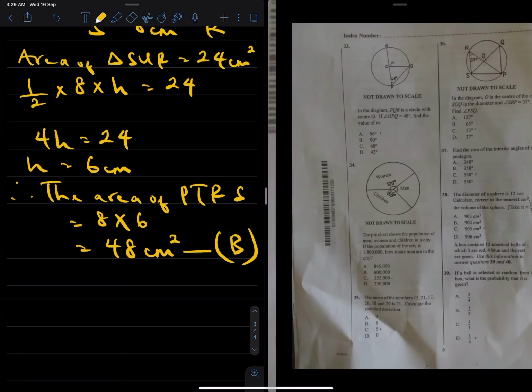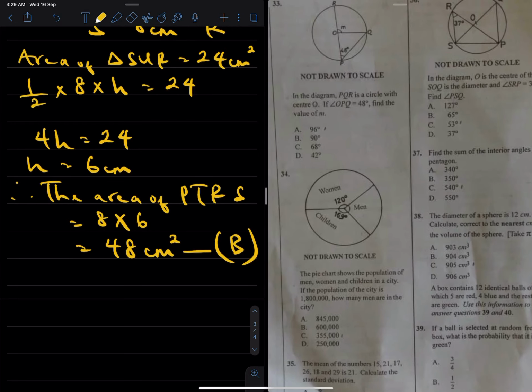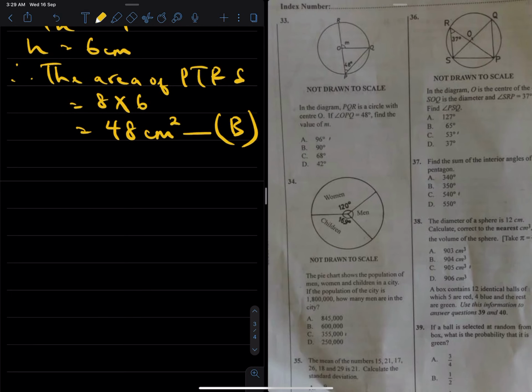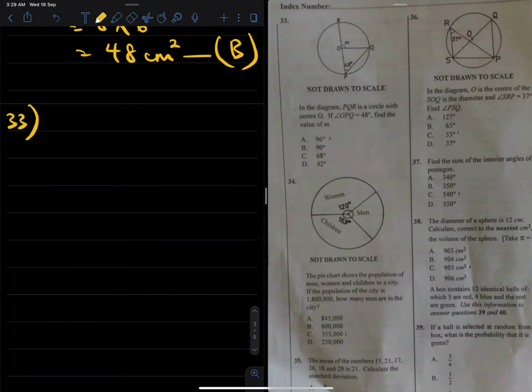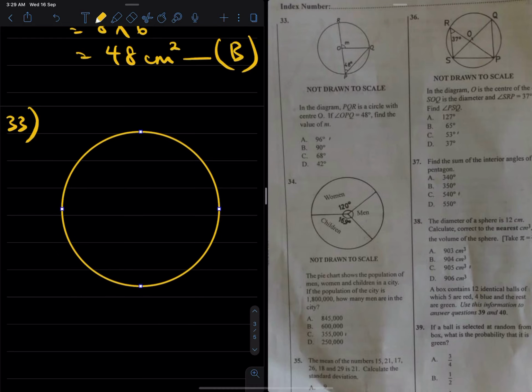Now to the next quickly. Question 33. We have a circle here.